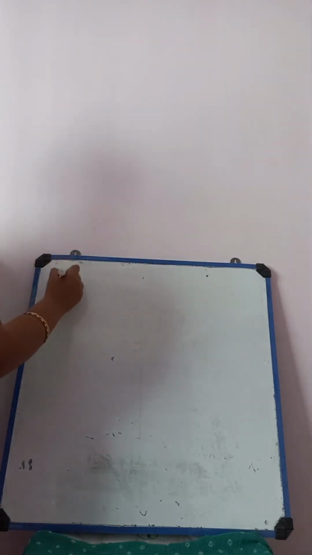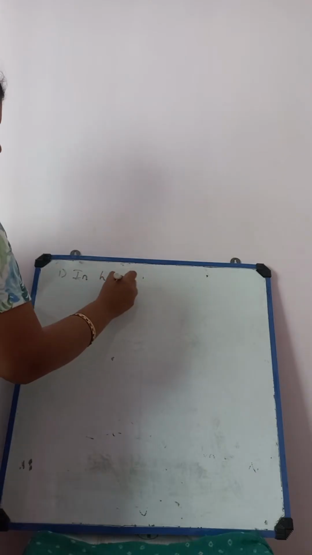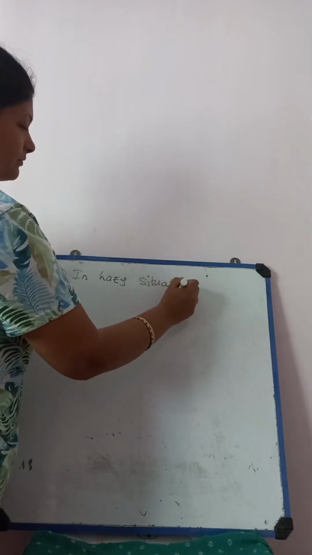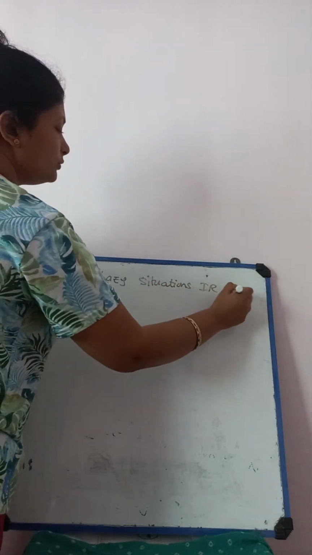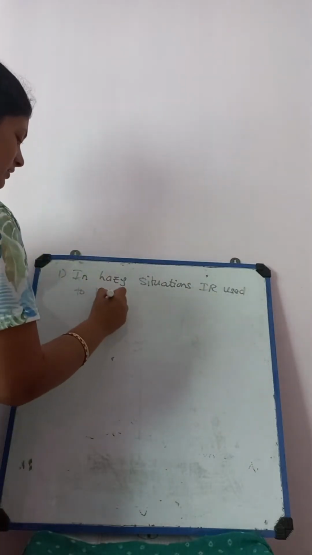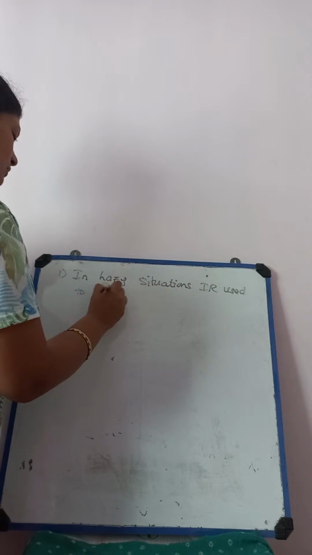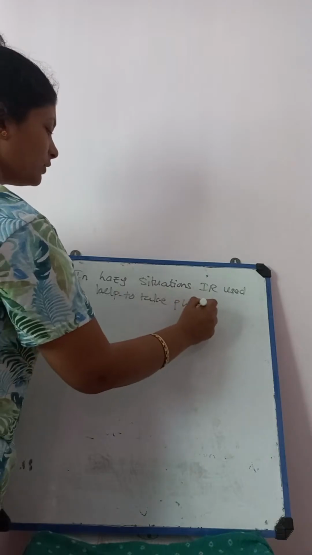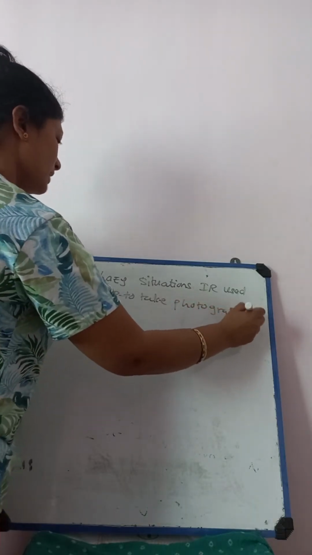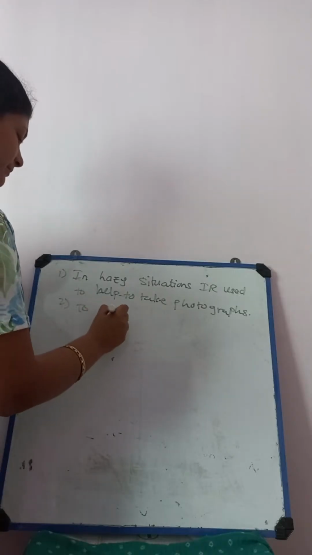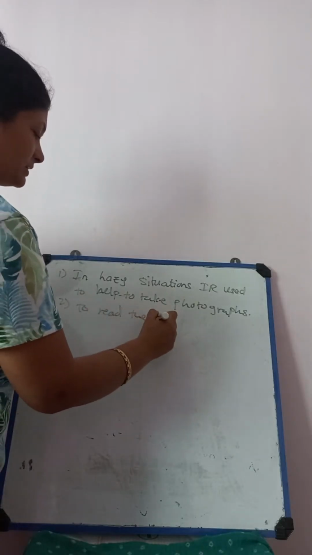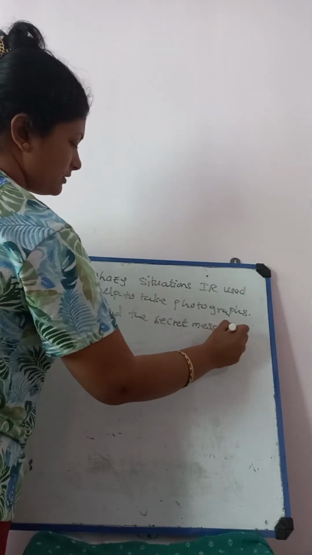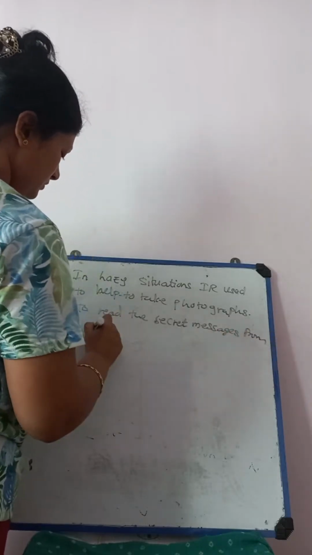Okay, so first, in hazy situations, IR is used to help to take photographs, and even to read the secret messages from the walls.